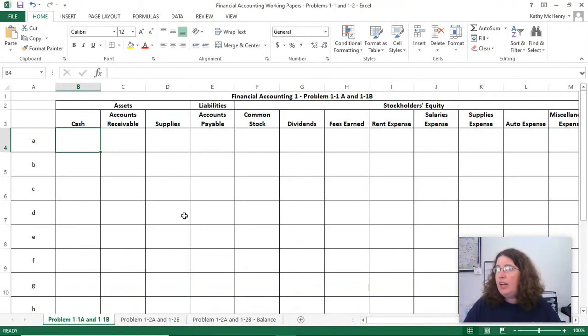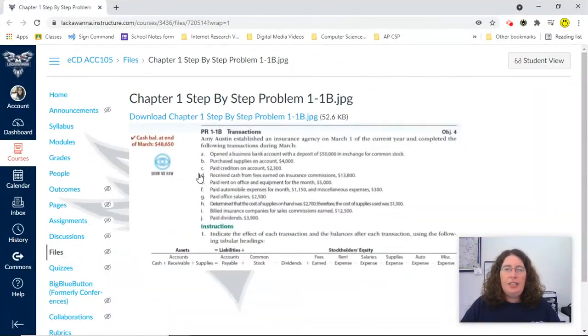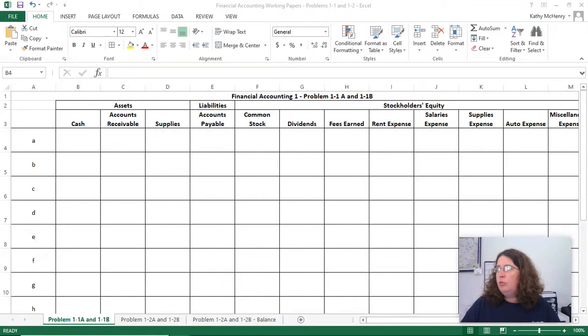So if we look at letter A, and this is another thing, you can do a split screen. If you want your transactions on the same screen, you can print this out. You can open it on your cell phone. I actually am working from a 2-screen station, so I'm going to drag that over to my right. So when I read, I'm just reading from the problem. Letter A, we opened a business bank account with a deposit of $50,000 in exchange for common stock.